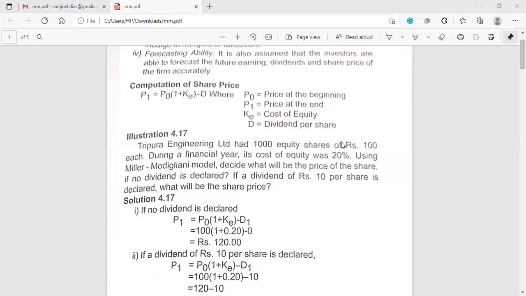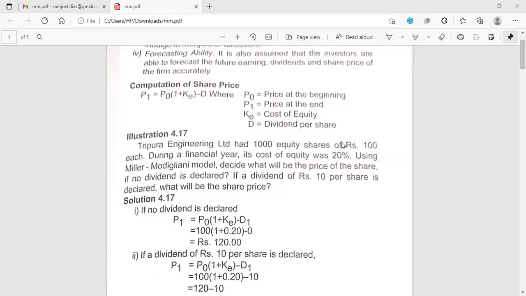And the fourth one is that no single investor is capable of influencing the share price. That means one cannot influence the market price of the share. So these are all the features of a perfect capital market, and this model assumes the existence of perfect capital markets.